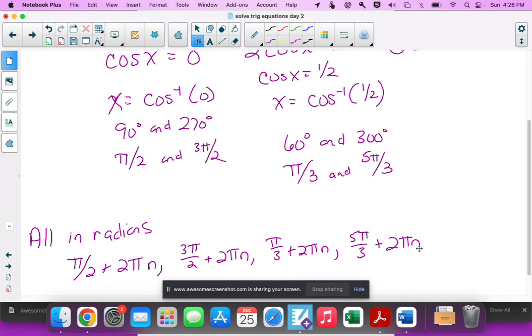You have to write it out 4 times because, again, if you were to graph this thing, this is where it is hitting the x-axis every single time. It's a lot of answers.